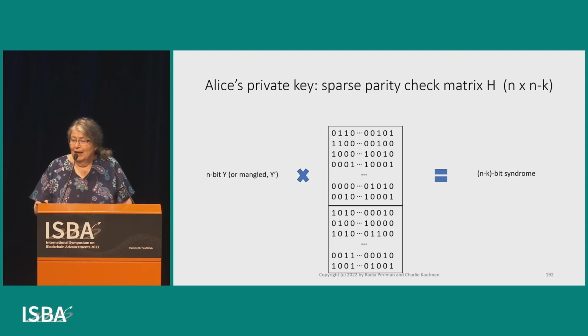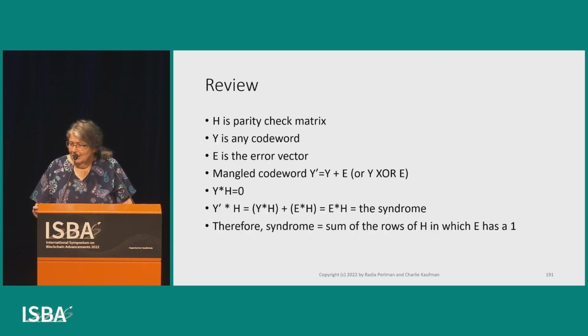But if there were errors, the syndrome is the sum of a set of rows in the parity check matrix.